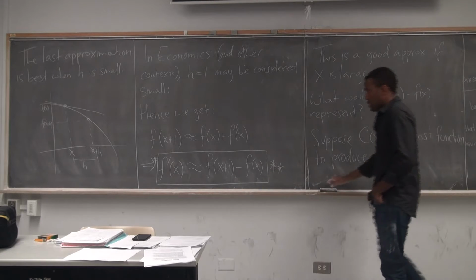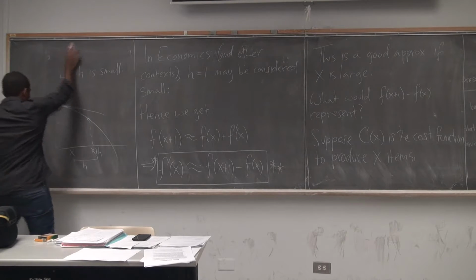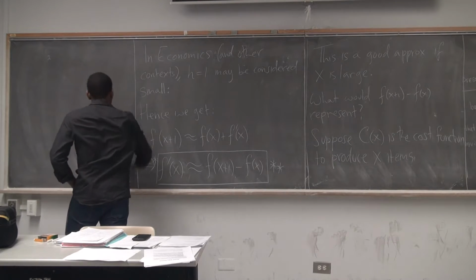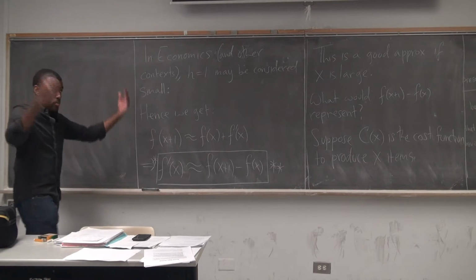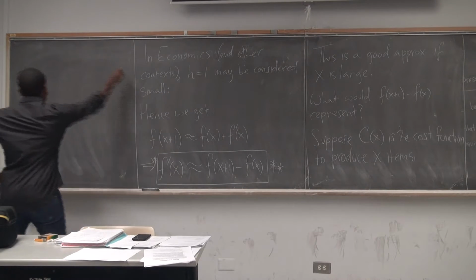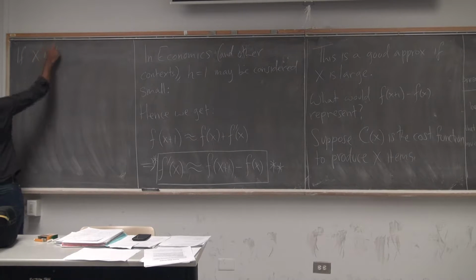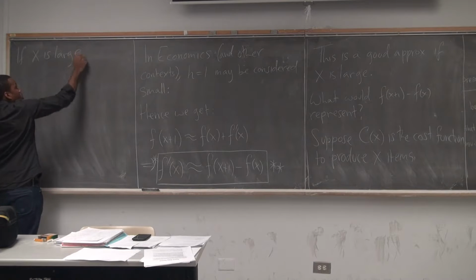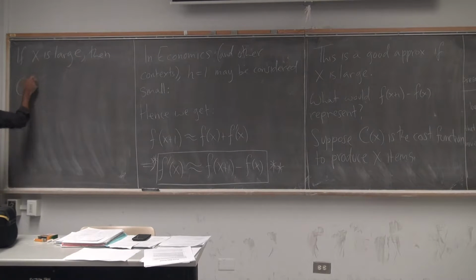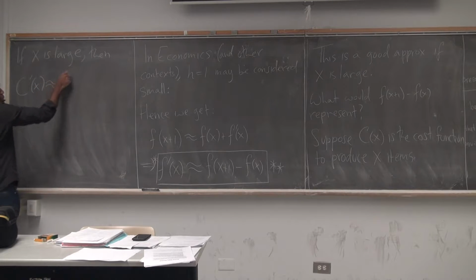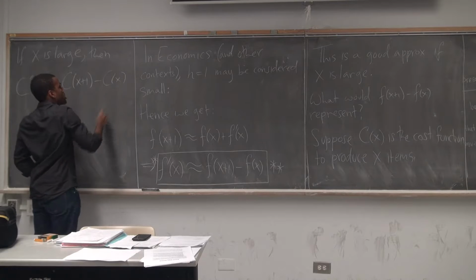So we have a function that describes the cost to produce x units of product. Suppose we're a very big company and we're producing a lot of products. x is large, we're producing thousands or millions of units. Then I'd be able to say that c prime of x is almost the same as c of x plus 1 minus c of x.